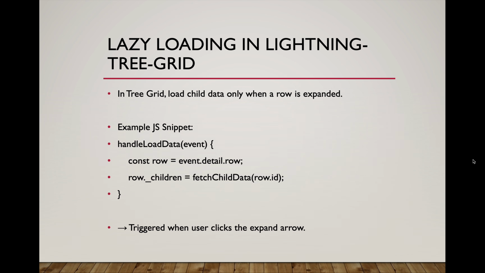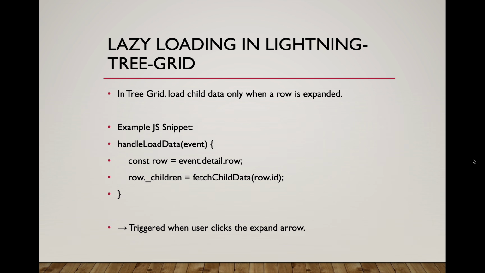In LWC we have the lightning-tree-grid, which we use to implement a parent-child relationship. For example, I was telling you about account hierarchy or case hierarchy. Within it, only when we click on the arrow of the parent record, the child records get loaded.